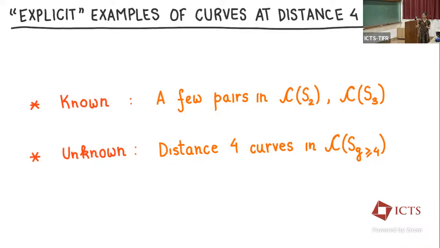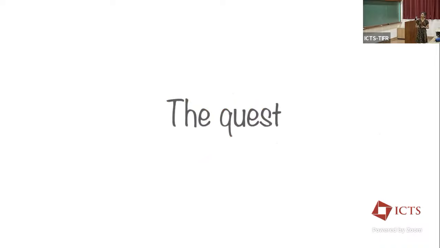On S3, we had even fewer such curves. And for genus greater than or equal to 4, we weren't able to find any explicit examples which we could draw or see as a graphic, to see how the numbers look. So we went on the quest of finding what this value could be.